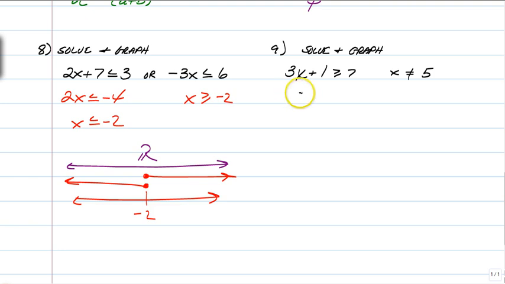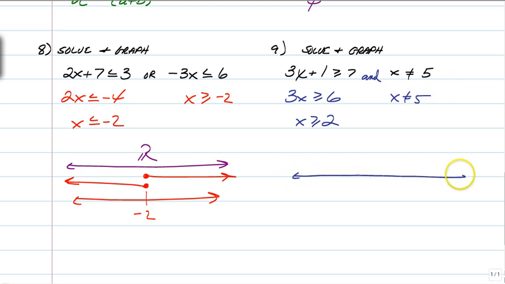Last question. Solve and graph again. 3x is greater than or equal to 6. So x is greater than or equal to 2. This did not say and or, so we're going to say that it was supposed to be an and statement. And x does not equal 5. So we have an and statement.